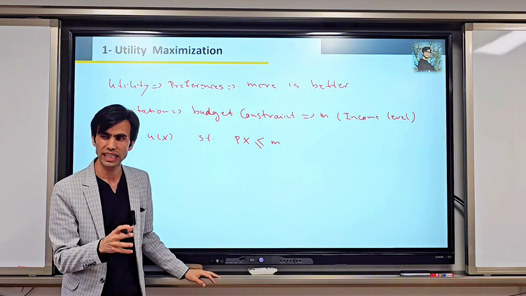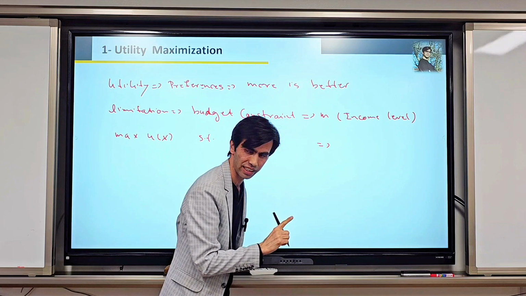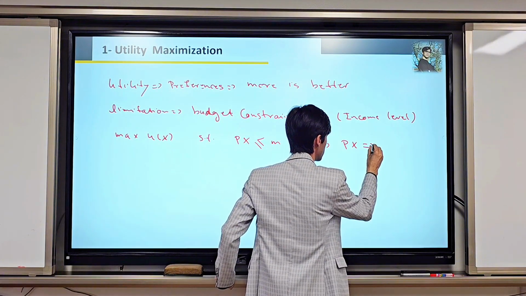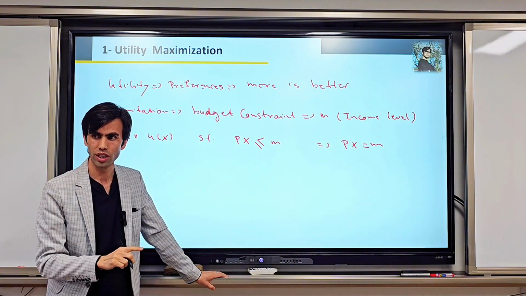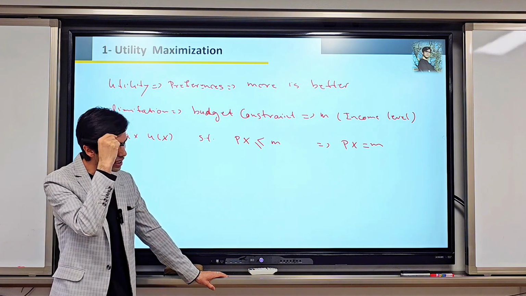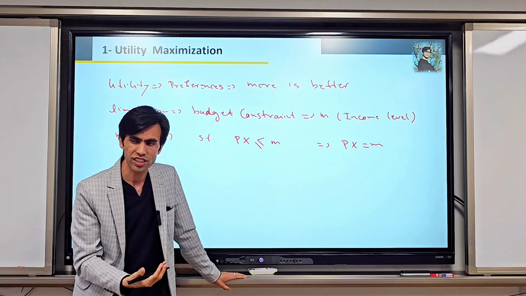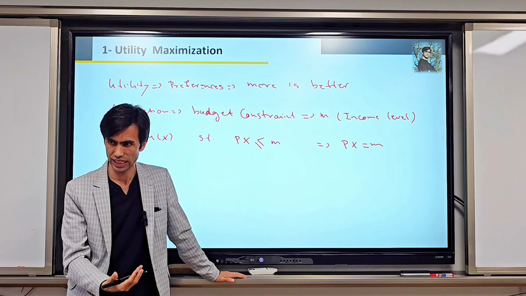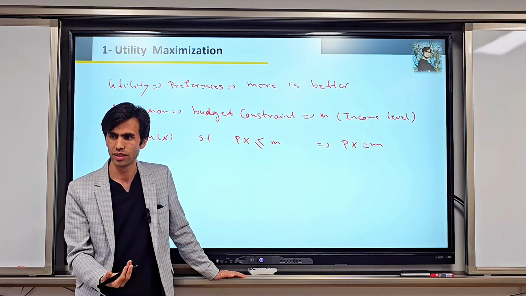But in order to work easily, mostly we think that there is no saving and we consume all the income that we have. Also, if we think in a very logical way, today's saving is tomorrow's consumption. Why do you want to save?